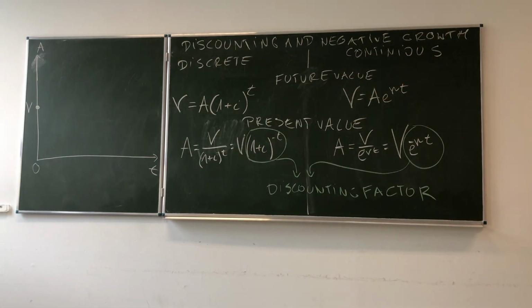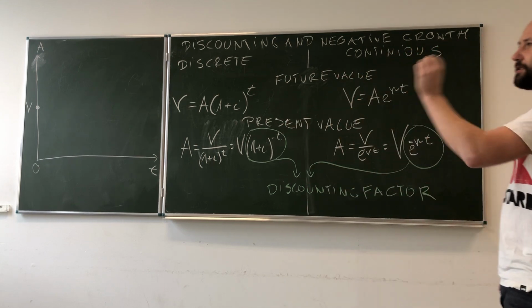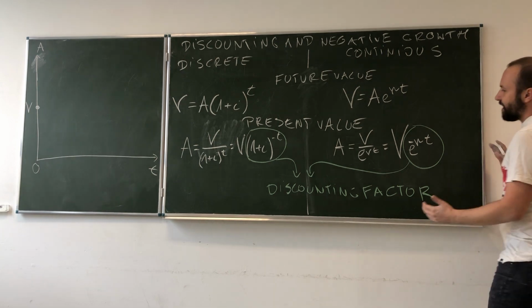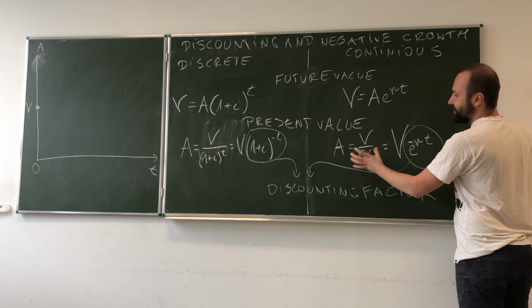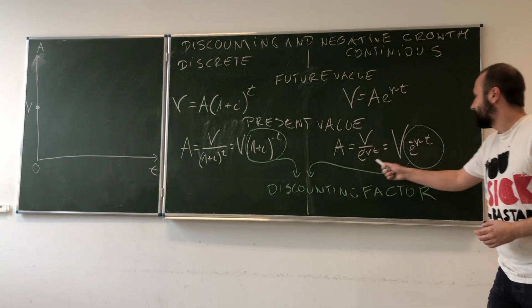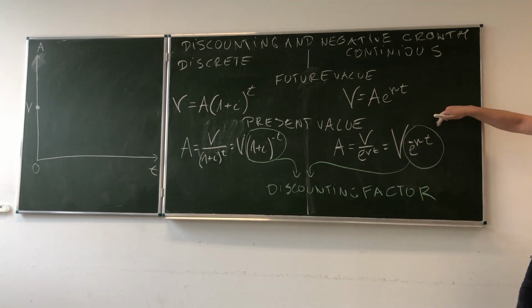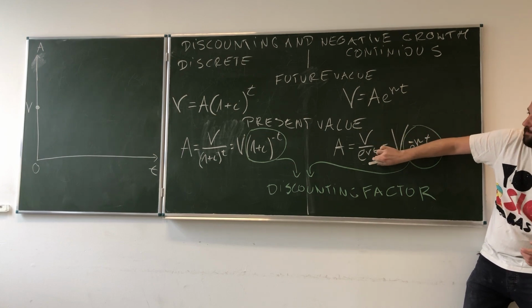But it's very rational to think that the longer you need to wait to receive V, the lower the value of V should be. Let's see how this works. We know that e to the power rt is an exponential function, and as time passes, this gets bigger and bigger. So here we are dividing V by a bigger and bigger number.